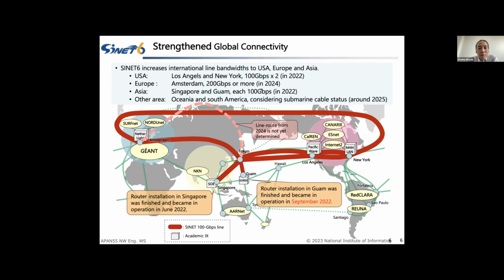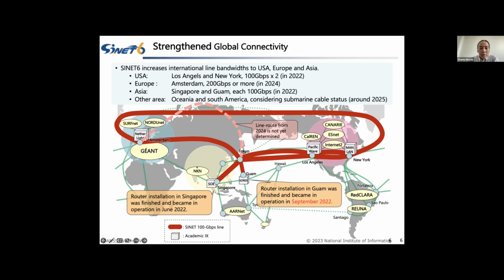As for the new EU line, it will be in operation from 2024. It's under procurement, but the route from 2024 is not yet determined. We are now preparing the procurement of the new Japan-EU lines.